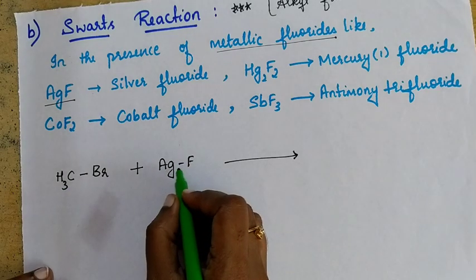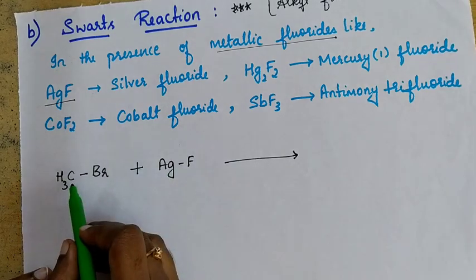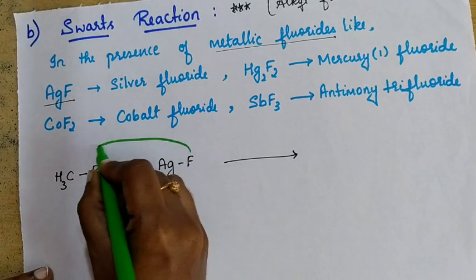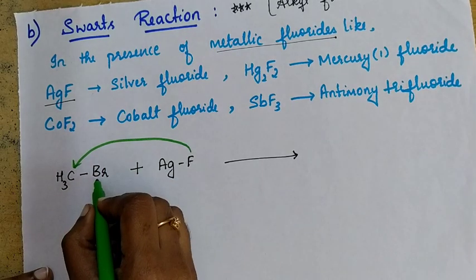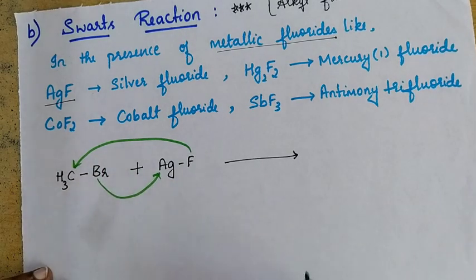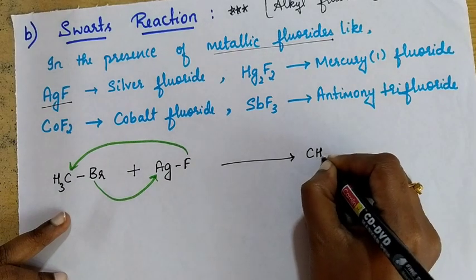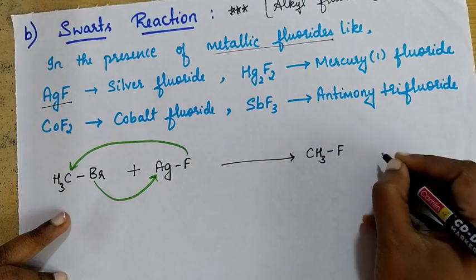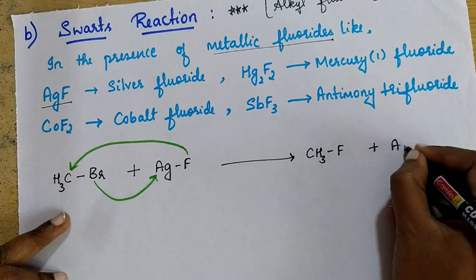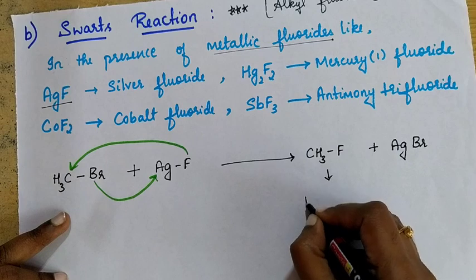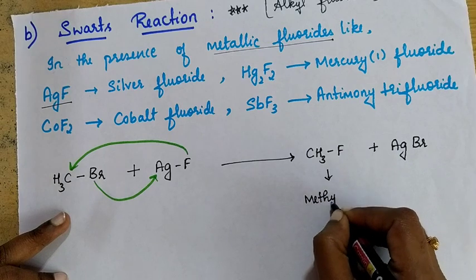The bond between Ag and F will break, and the bond between CH3 and Br will break. Then the fluorine will bond with CH3 and Br will bond with Ag. So we get CH3F plus AgBr. CH3F is nothing but methyl fluoride.